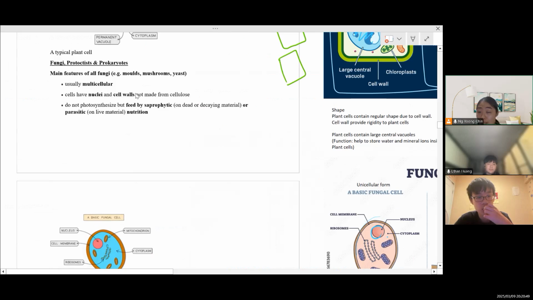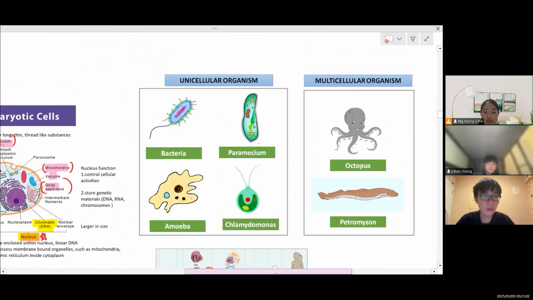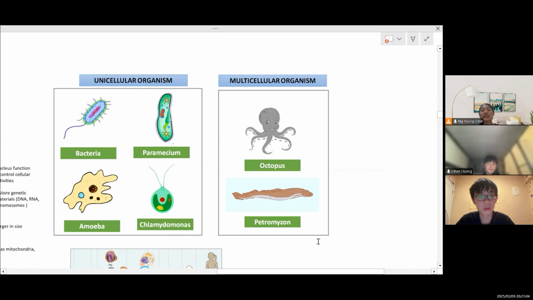Okay, so cells are classified into two types: prokaryote and eukaryote. We also classify them into unicellular and multicellular organisms. Humans are multicellular organisms because inside our body, we contain millions, billions of cells. They are working together and form a complete organism like us.